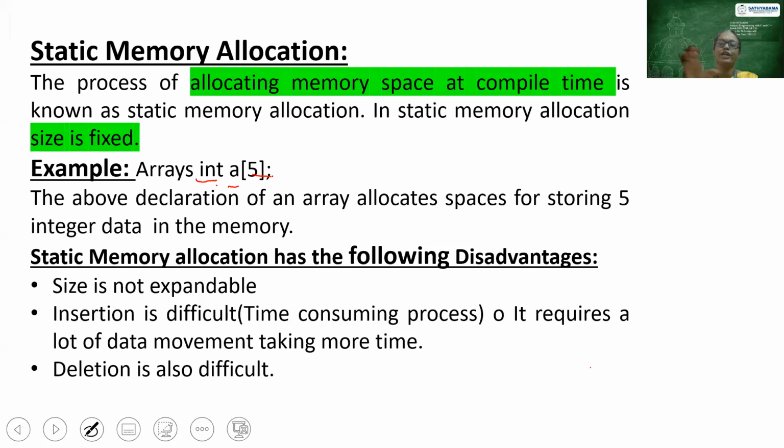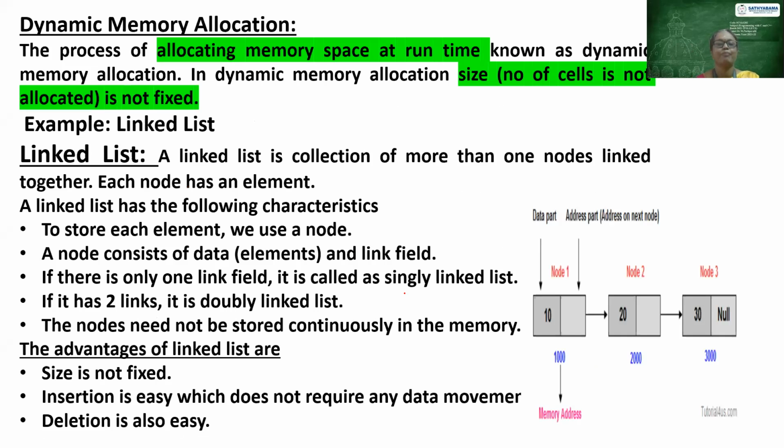I cannot insert easily, though it can be done, but again the coding takes many steps. Deletion is also difficult, because once an array is declared, it is given a contiguous memory location, that is, continuous memory. So you have to understand that the size is not expandable, insertion is difficult, and deletion is also difficult. I think this is about the disadvantages of static memory allocation.